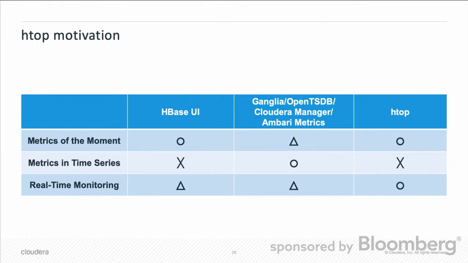However, in Ganglia, OpenTSDB, Cloudera Manager, and Numberl Metrics, collecting the latest metrics takes a little bit of time. And if we want to see the metrics in time series, you need to use Ganglia, OpenTSDB, Cloudera Manager, or Numberl Metrics. And if we want to do real-time monitoring, htop is the most useful of them, as it has a lot of features to do that.